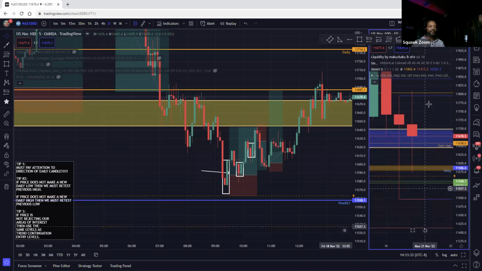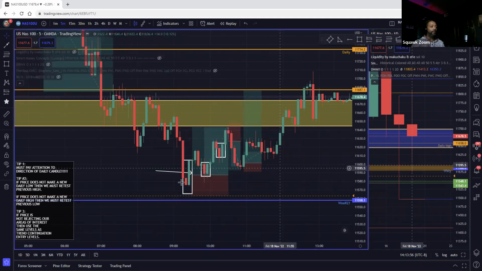This is my markup, and then I clear the chart, and I think Monday or Tuesday, I marked up with everybody else. So this was a level here. You can see here it says WKLY, that's my weekly level. So price came down, and I saw it was rejecting this level. What did it do? It created an engulfing candle on the 5 minute.